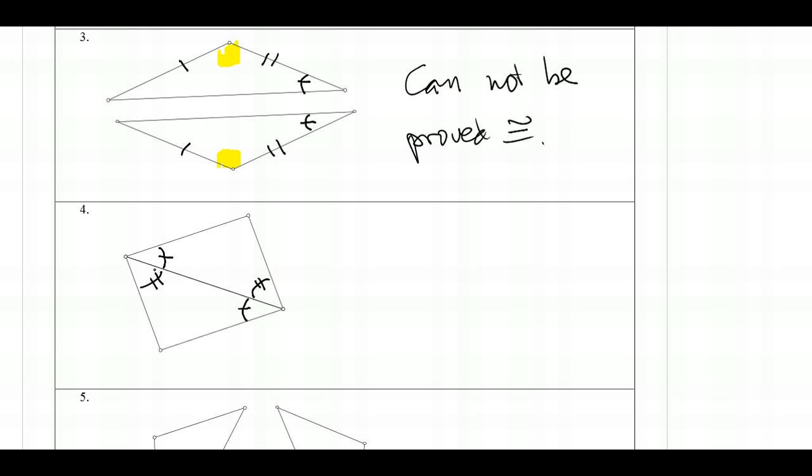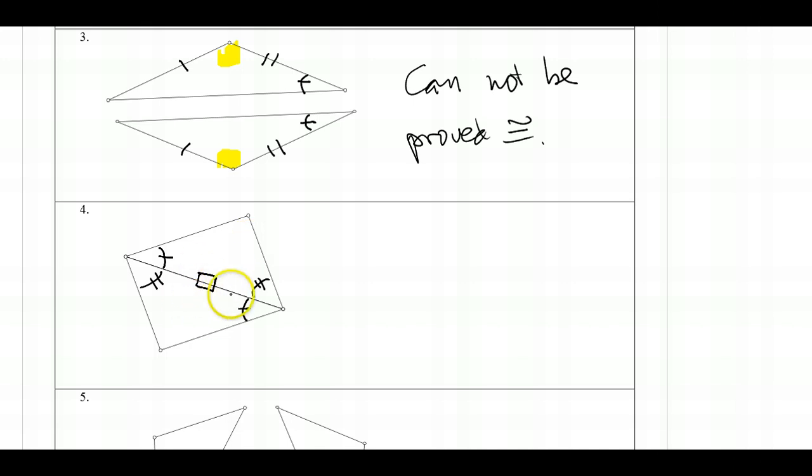We can see that we have 2 pair of angles and that these triangles also share a side. So we talked about the reflexive property where a segment is congruent to itself. So this segment in the middle is a part of both triangles. So we're going to use it as a part of both triangles.